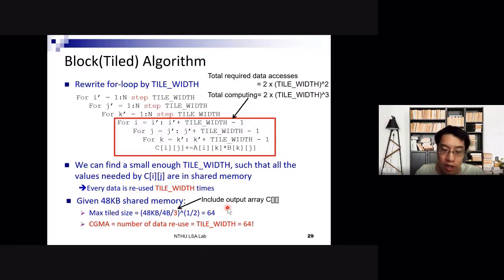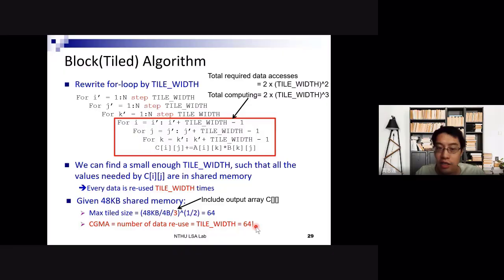Okay, so you can compute the maximum tile width you can allow under this space constraint. So this is just some calculation. Then you can get that in order to fit in 48 kilobytes of shared memory, storing 3 matrices with the size of tile width, the tile width should be smaller than or equal to 64. Okay, so the best CGMA ratio we can achieve over here is 64.